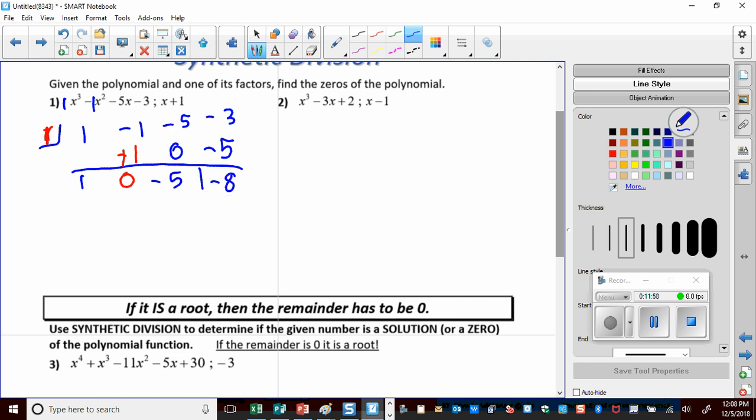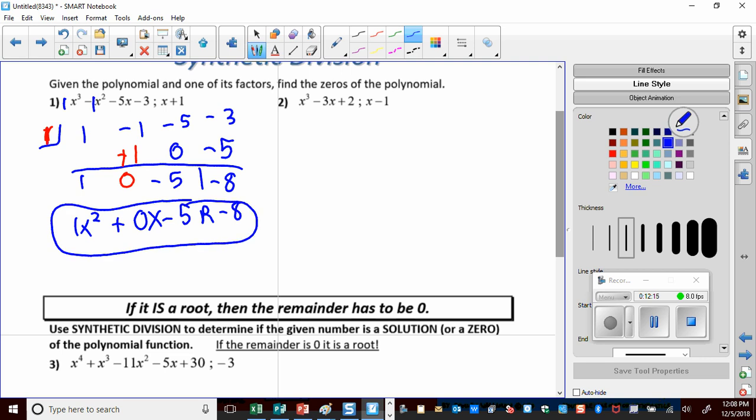So my final answer here, 1 degree less, is 1x squared plus 0x minus 5, remainder of -8. This is my final answer. Okay? Yeah, it's my final answer.